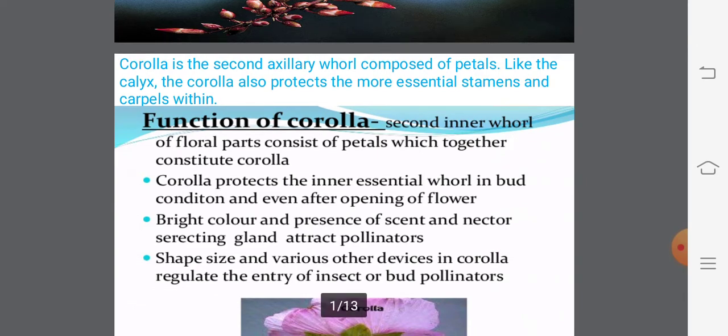We know the part of the corolla is the petal, and like the calyx, it also protects the essential parts of the flower, that is, the stamens and the carpels. The corolla has different functions. It forms after the calyx.